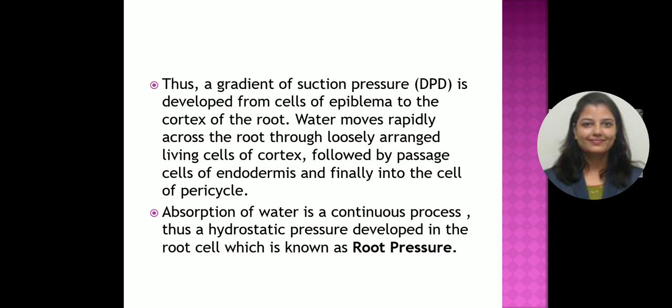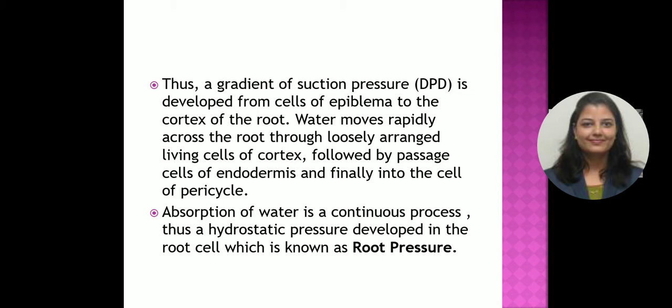Thus a gradient of suction pressure, that is DPD, known as diffusion pressure deficit, is developed from the cells of the epiblema and endodermis to the cortex of the root. So water moves rapidly across the root through the loosely arranged living cells of the cortex, followed by the passage cells of the endodermis, and finally it goes into the cells of the pericycle where xylem and phloem are present.